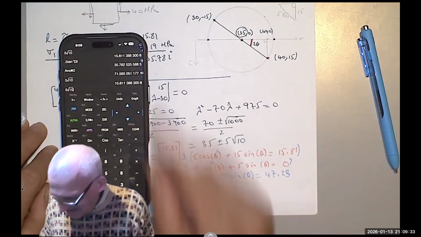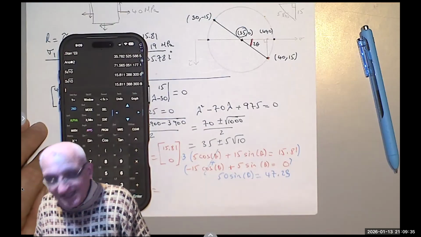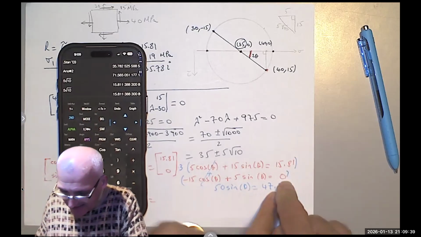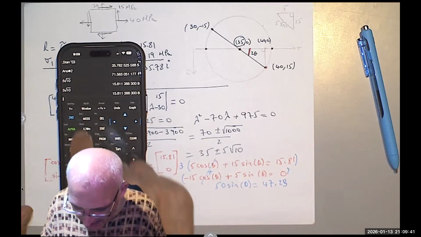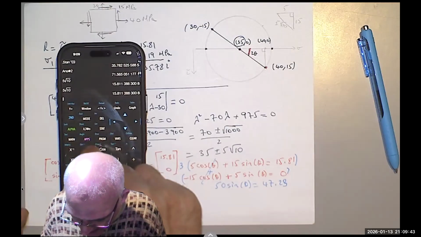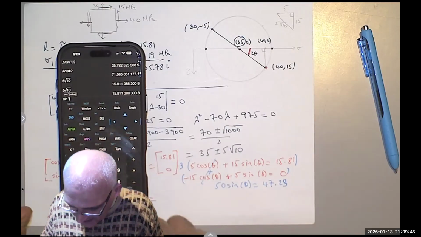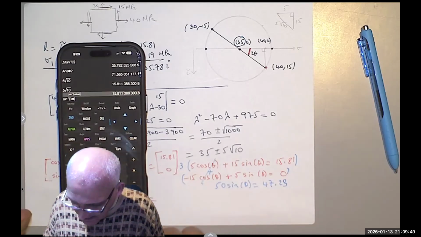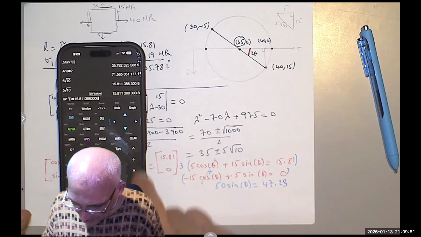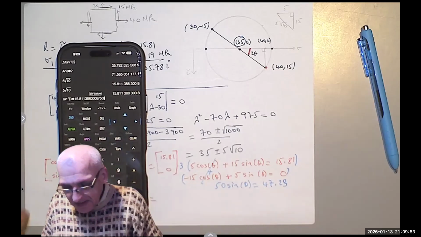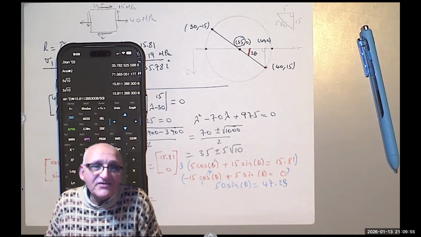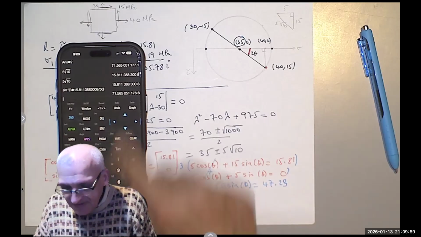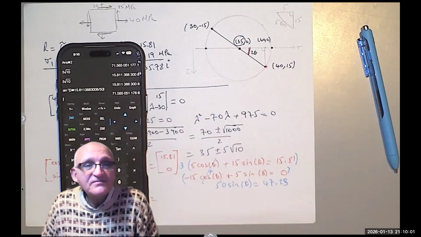Okay, 15.81. I'm going to multiply it by 3 and then divide it by 50. So I'm going to take inverse sine of 3 times that over 50. That should give me twice theta if I did my math correctly. I hope I did. Yep, 71.565.